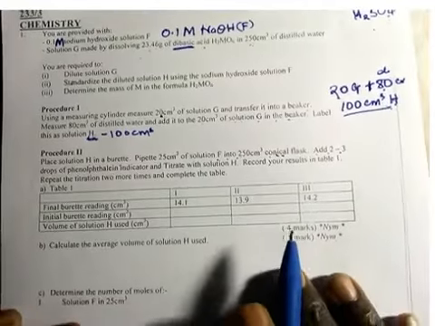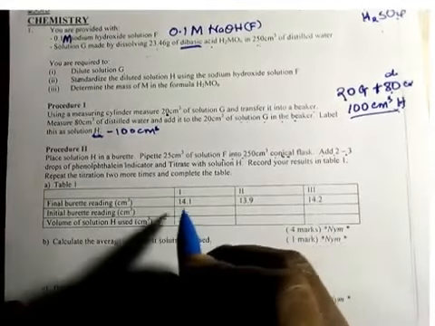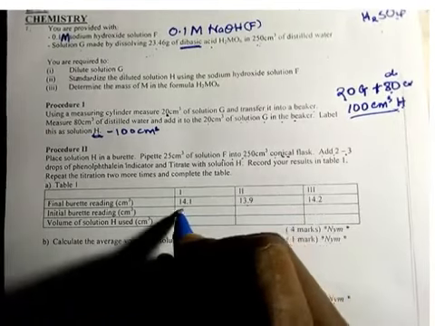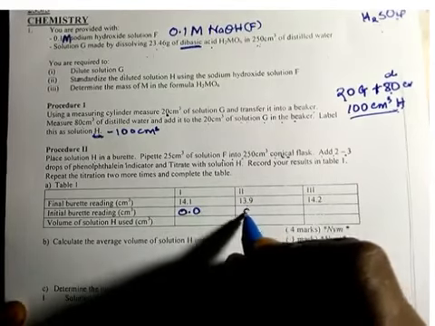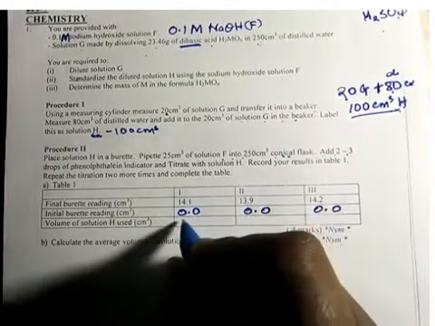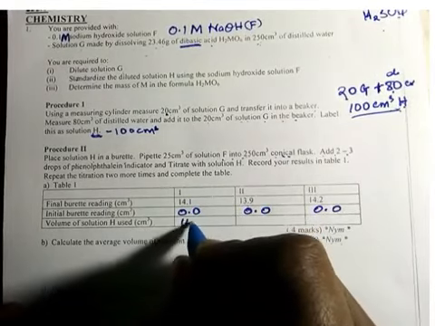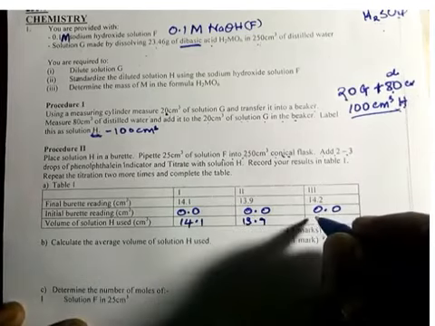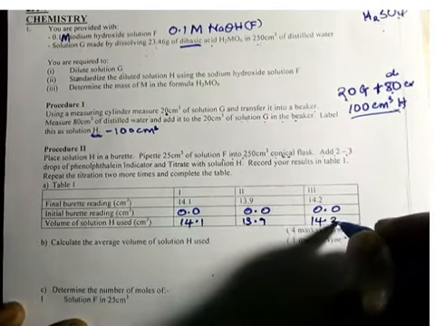So let us complete the table. Because we have been given to one decimal place, we take our initial to be 0.0, 0.0, 0.0. You subtract here, it is going to be 14.1, 13.9, 14.2.